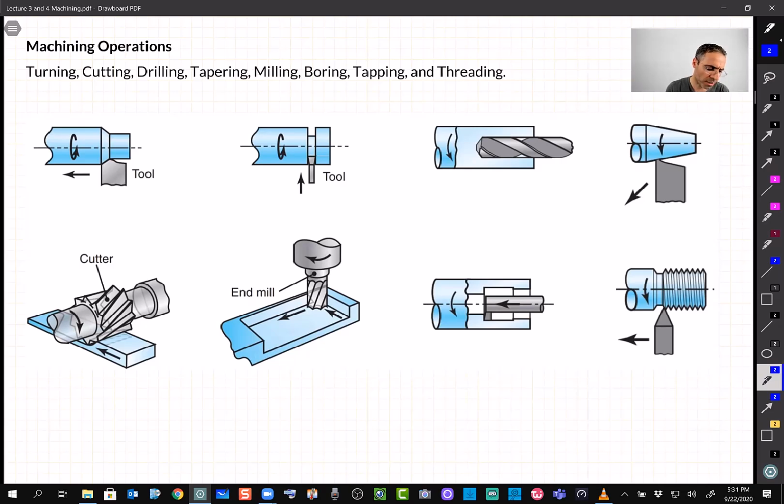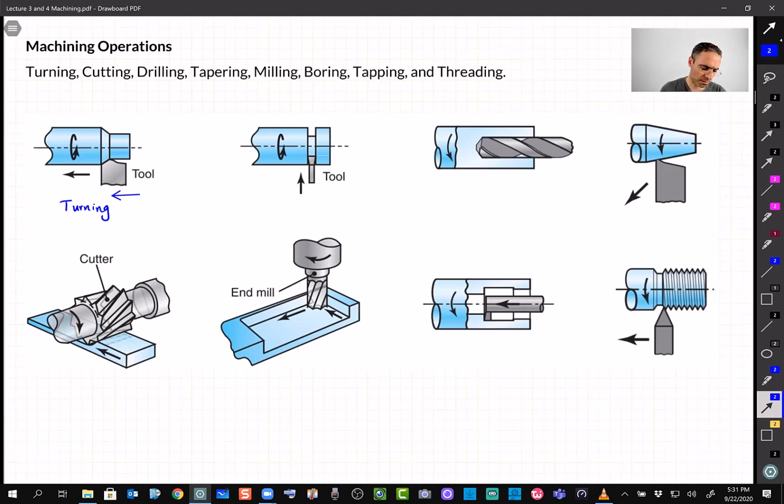The first one on the top left is called turning. Usually the tool is fixed, it's not rotating, the workpiece is rotating, but the tool is moving to the left and it removes the material.